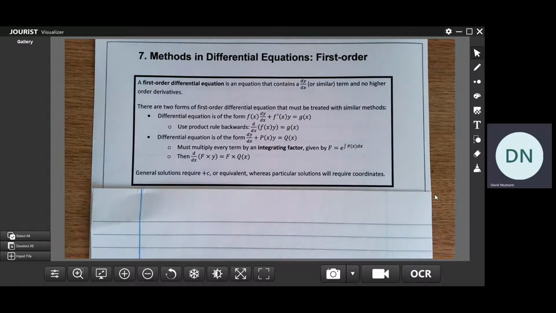So we rearrange our equation so that we have everything with dx on one side of the equation and everything with y and dy on the other side of the equation, and then we integrate both sides.